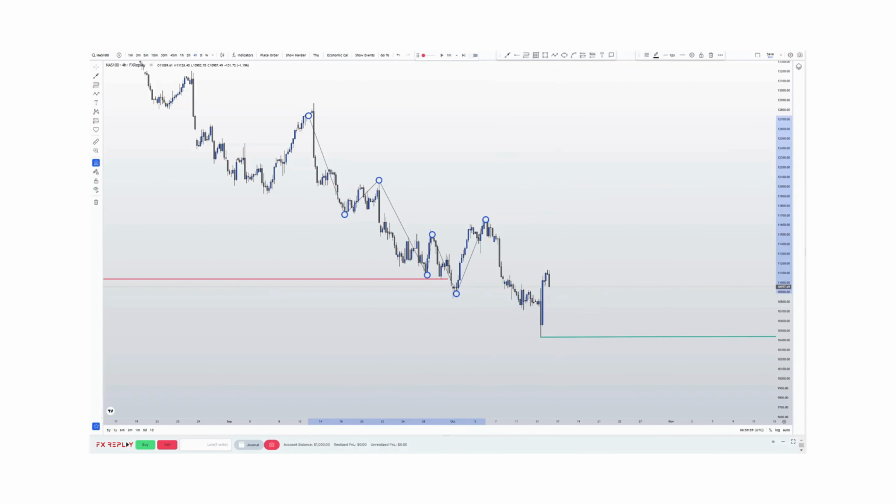At this point, we have that being an internal break of structure. I know that we have an internal break of structure from this point.